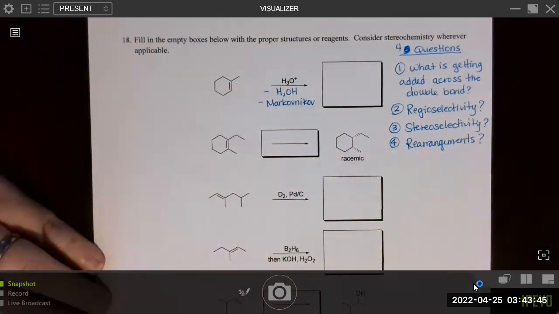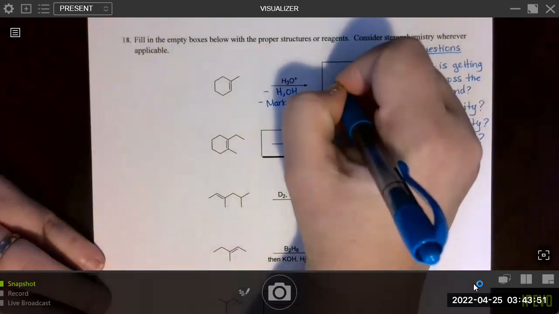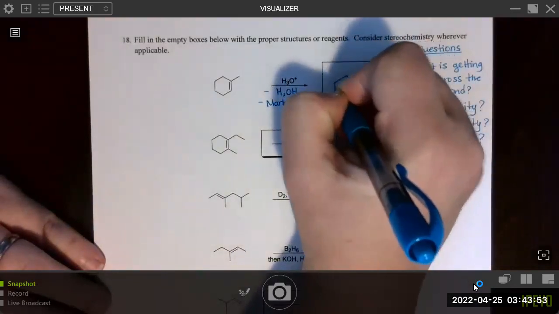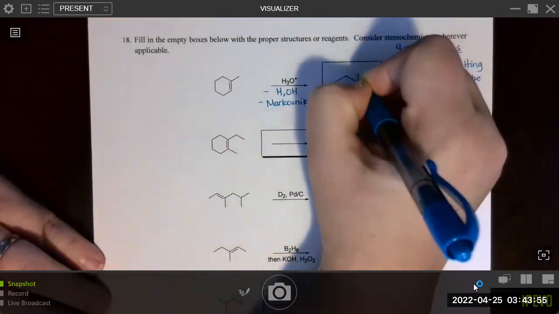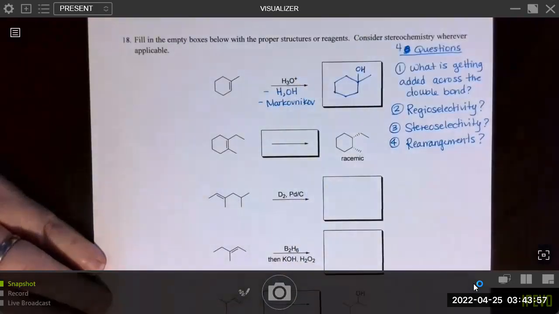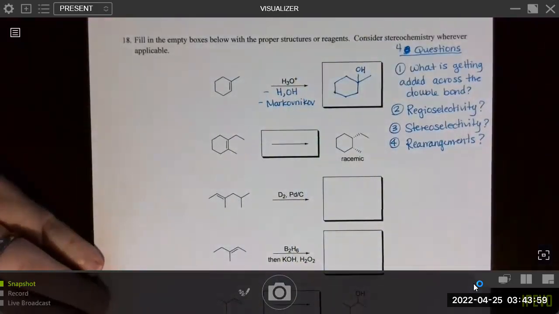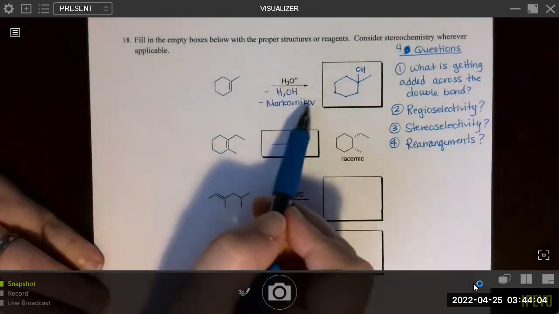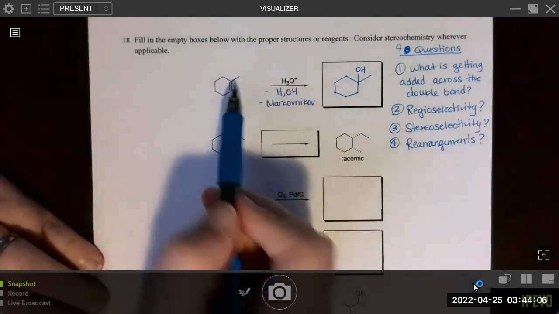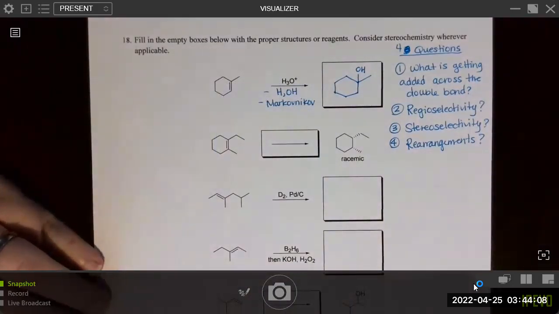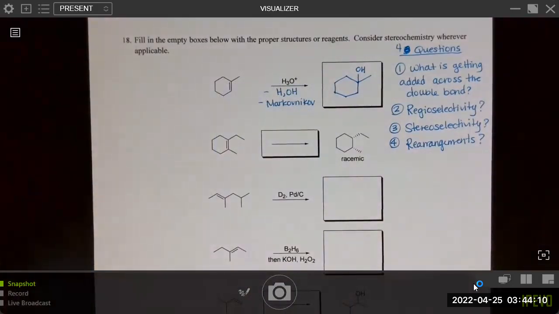This will not form a stereocenter, so we do not need to worry about stereoselectivity. We can just place our OH here. These conditions do potentially do rearrangement, but not on a tertiary carbocation that will be formed here.